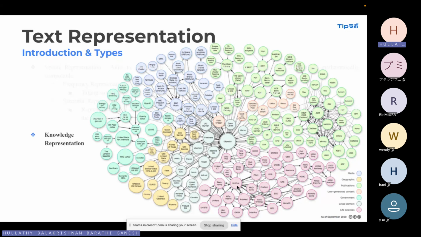The pink refers to the life sciences, and yellow is related to geographic data, like US census, geonames, US species, place names, etc. The green are publications like DBLP, Semantic Scholar, bibliography, RDF book templates, etc. When we put all these entities in as nodes and their relations or concepts in the edges, this formulates a graph. So this is a knowledge representation: text represented using a graph.